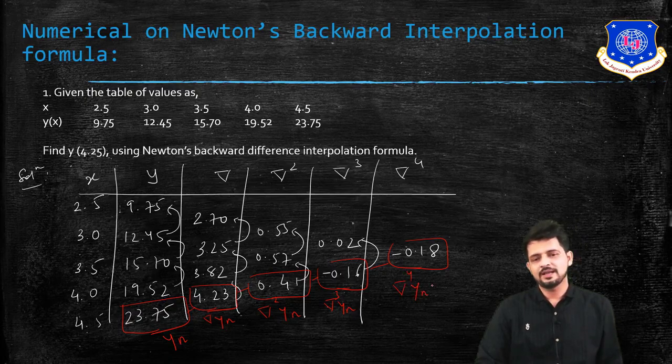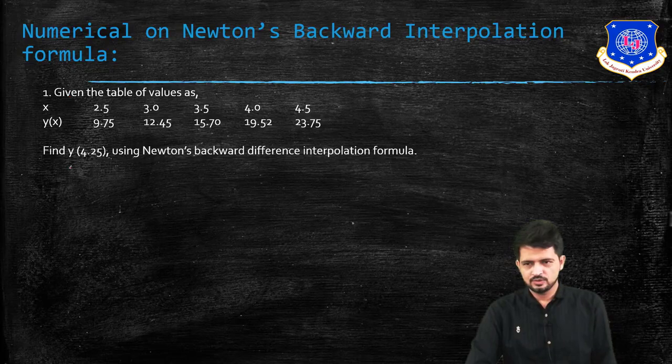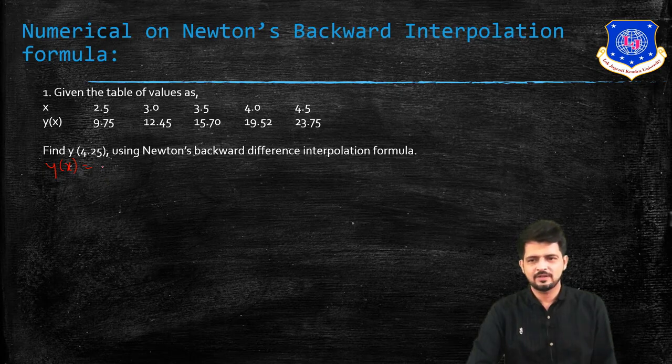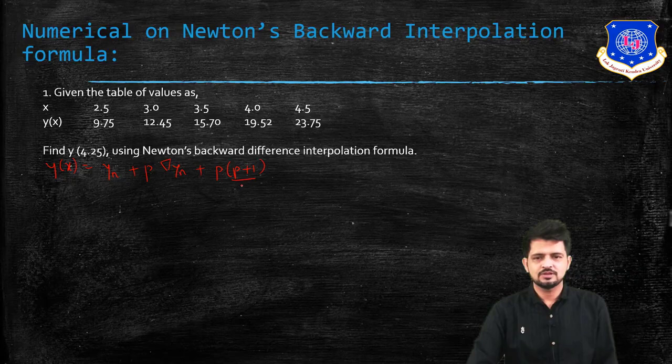I have to place all of these values in Newton's backward interpolation formula. How can we write it? See, I am erasing this. Let us write Newton's backward interpolation formula. I can write here y of x. See, y of x or f of x are all the same. Yn plus p nabla yn plus p into p plus 1 upon 2 factorial nabla square yn.